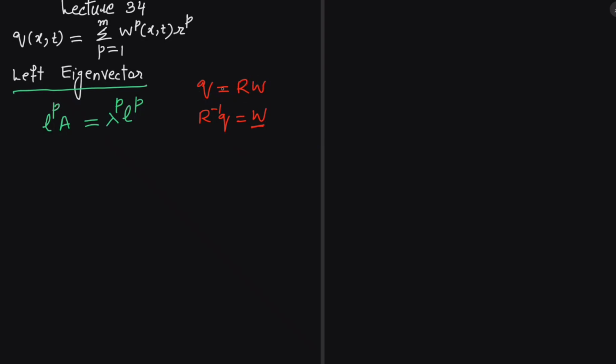So it means that when we have R that contains the right eigenvectors, then R inverse contains the left eigenvectors l_1, l_2 up to l_m. That's what we just need to verify ourselves.